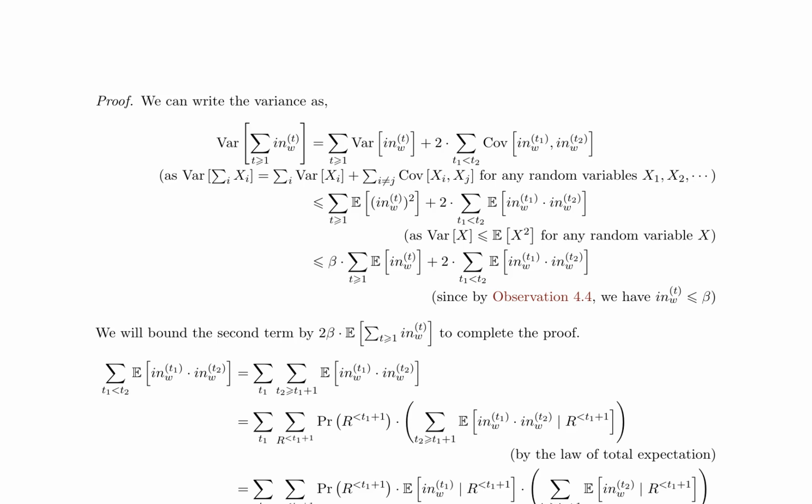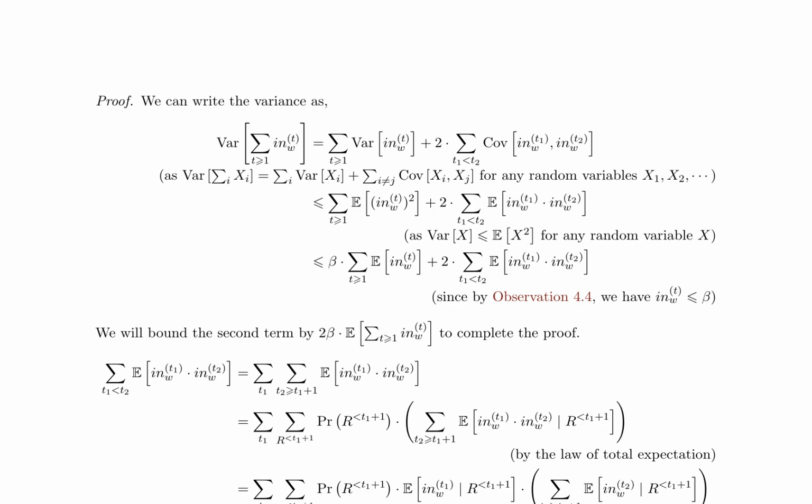The authors also establish an upper bound on the value of in_{t,w} in any iteration T, showing that in_{t,w} is less than or equal to beta.